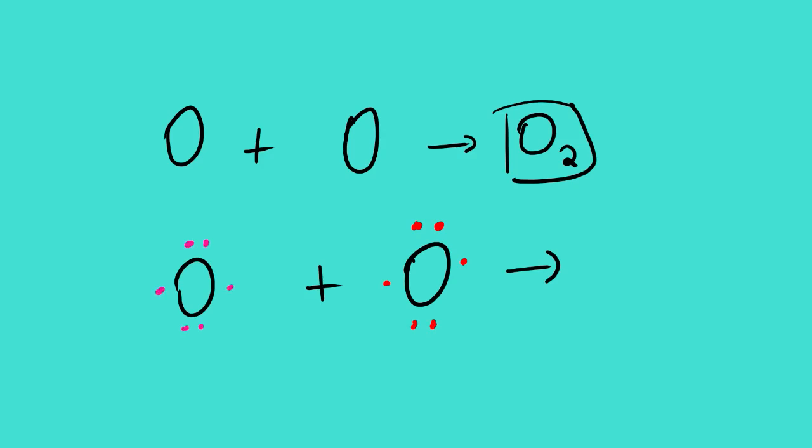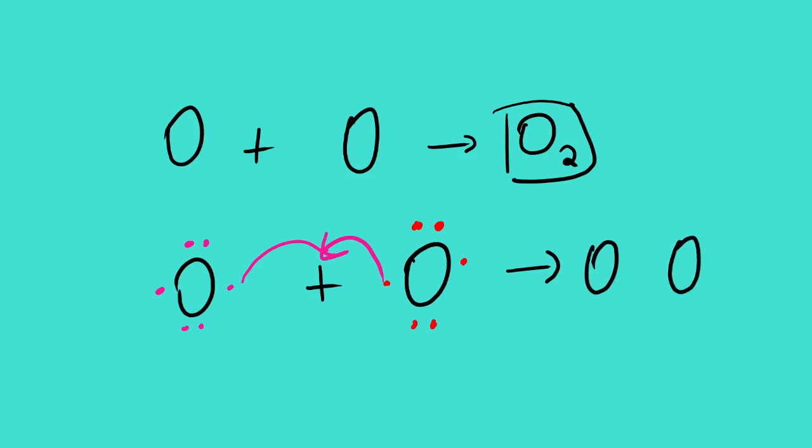Also this one, 6 valence electrons, and then when they share 1 electron, we are not going to have 8 electrons. Instead we are going to have 7. So in this case oxygen will bond with 2 electrons. So we are going to have something like this.